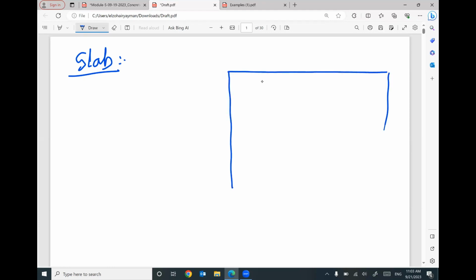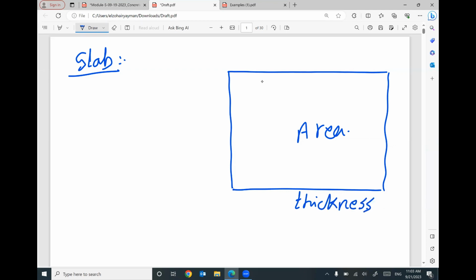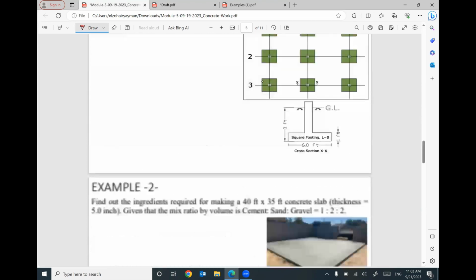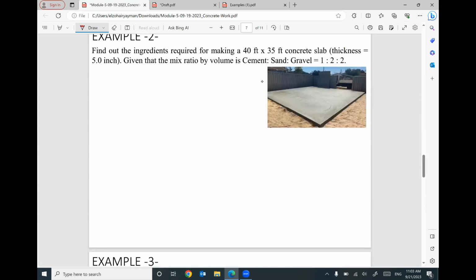For example, if we are talking about a slab, your slab will have an area and this slab will have a thickness. Exactly like this example. You have a slab and this slab has an area which is length by width.